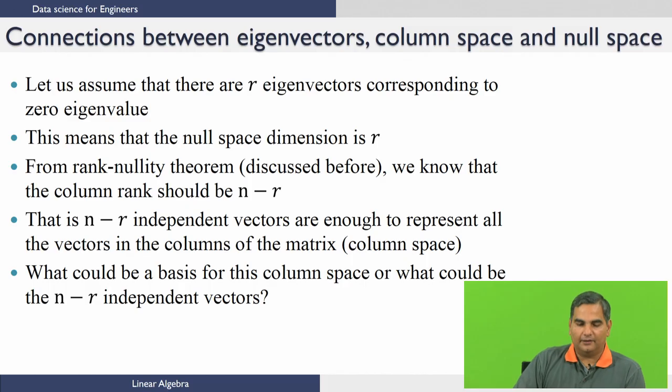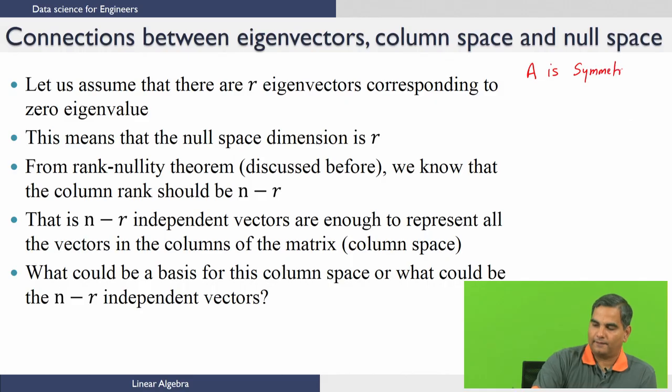In this case, I am going to show you the result, and this result is valid for symmetric matrices. Let us assume that I have a symmetric matrix A. And the symmetric matrix A, we know, will have n real eigenvalues. Let us assume that r of these eigenvalues are 0. So, this r could be 0 also, that means there is no eigenvalue which is 0.